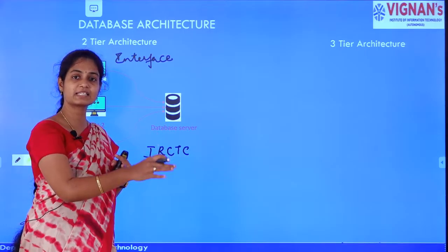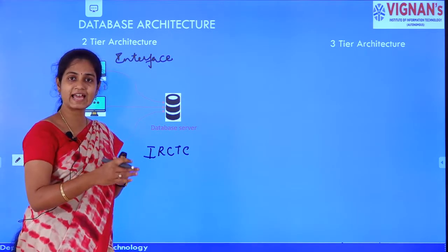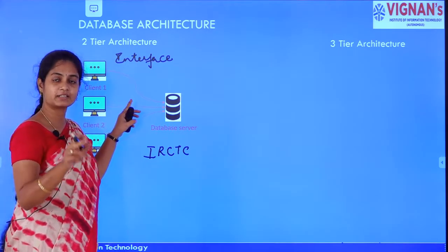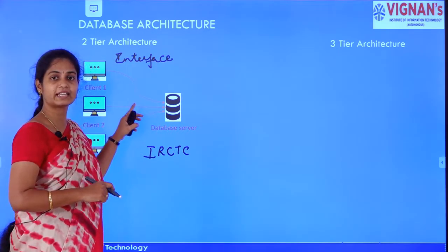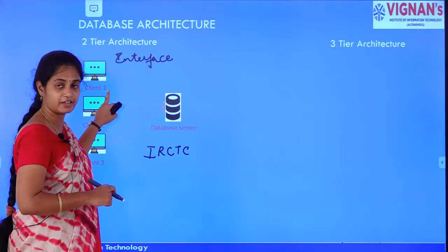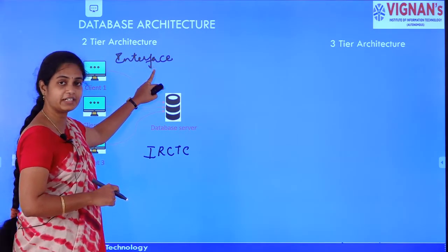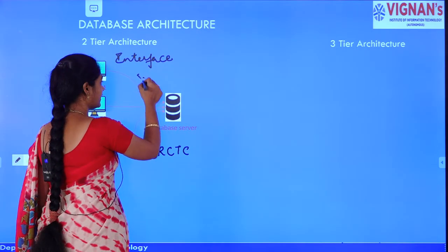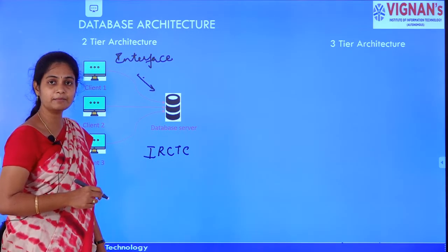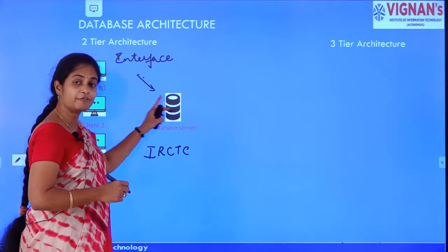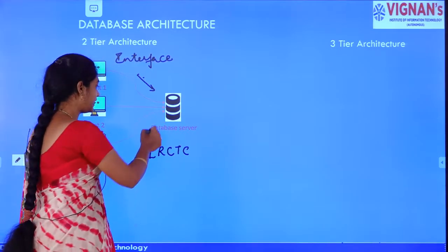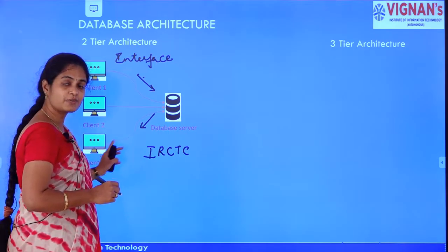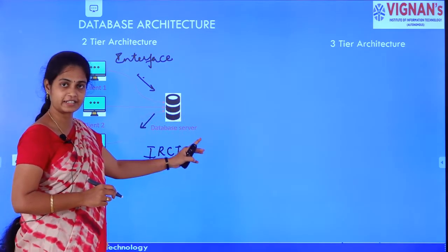The person sitting behind the window has complete control of booking the ticket. Here, that person who is able to book the ticket is nothing but a client machine. This client machine will have an interface. Using that interface, we will send some data. This data will be processed in the server and it will give the response back to the user. That is why we call this client server architecture.